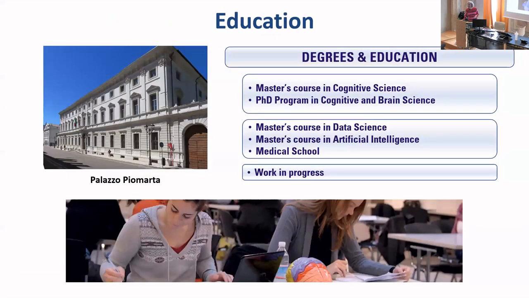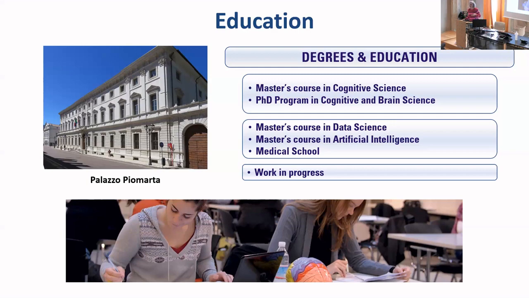We are here for the presentation of the Master in Cognitive Science, but this is embedded within a larger educational program, which also comprises the PhD program in Cognitive and Brain Sciences, which allows very nice interaction among students at different levels, from PhD to master degrees.